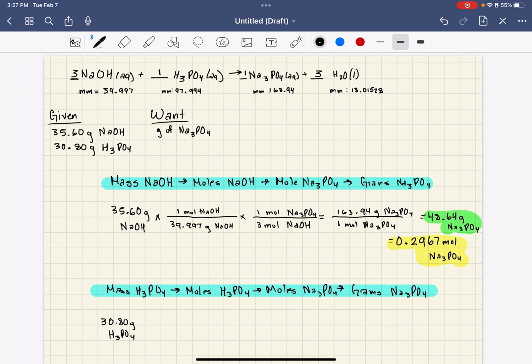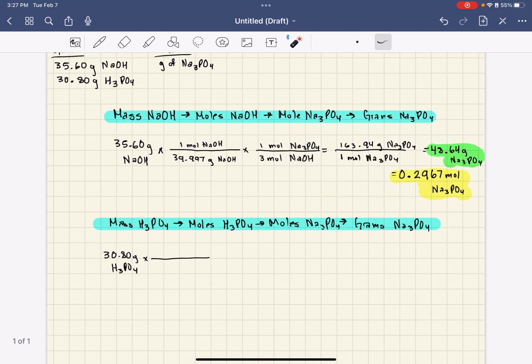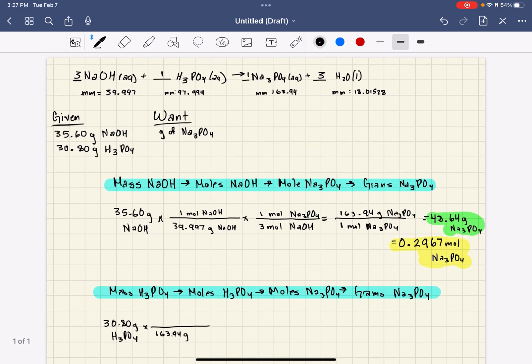And we go up here and check our molar mass for that specific product, which is 97.994.